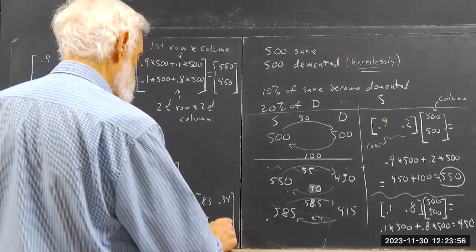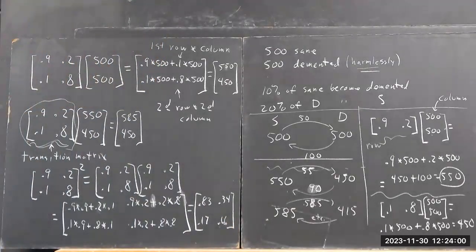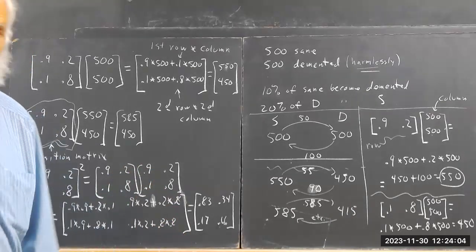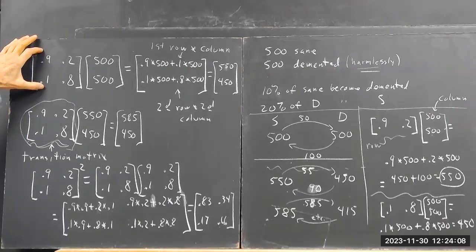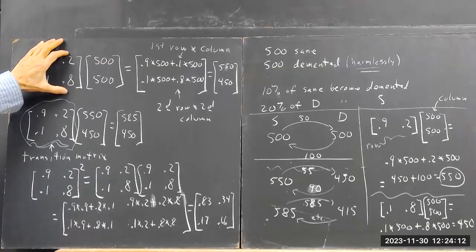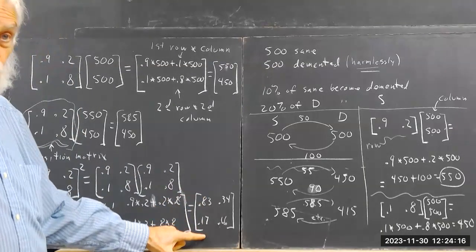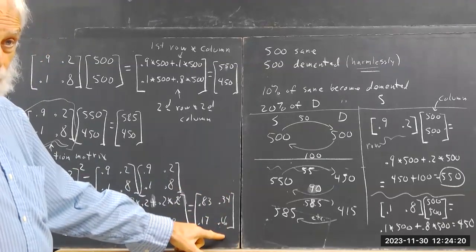And this is 0.66. Now, one other thing to see about this: if you add up the columns of this matrix, you get 1. 0.9 and 0.1 is 1. 0.2 and 0.8 is 1. 0.83 and 0.17 is 1. 0.34 and 0.66 is 1.